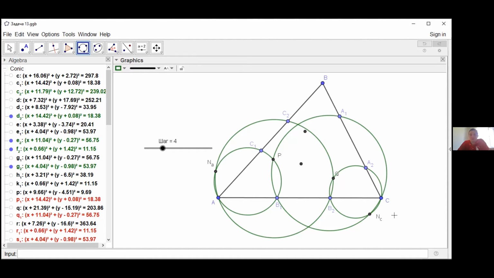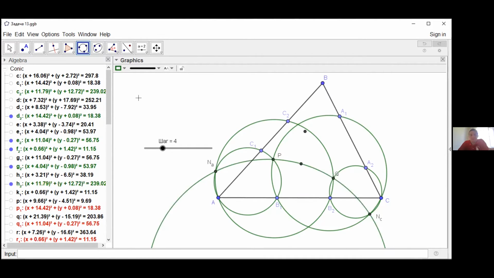Now let us try to prove first that on this picture there is a circle passing through NA, P, Q, and NC.